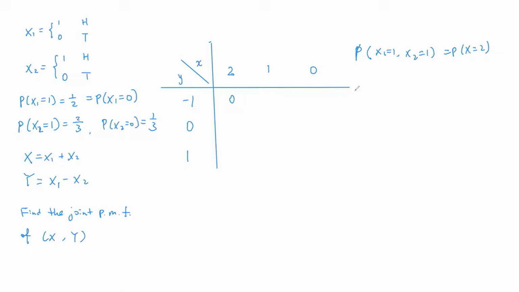And the probability that X equals 2 and Y equals 0. That's actually obvious. If X1 and X2 both equal 1, then capital X equals 2 and Y equals 0.